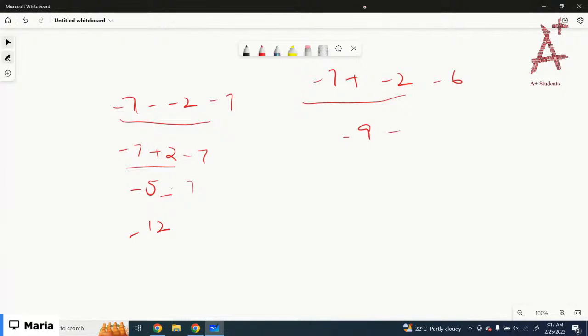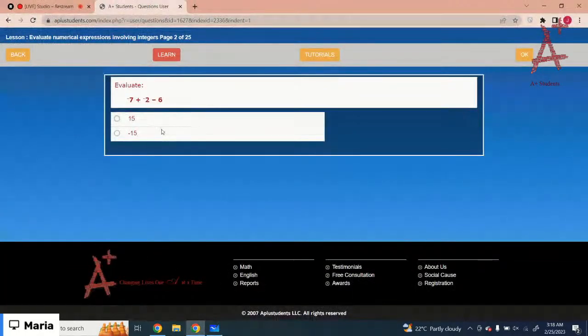You are left with negative 9 minus 6. Again, both numbers have the same sign, so you have to add them. 9 plus 6 makes 15, so it is minus 15. Got it? The correct option is negative 15.